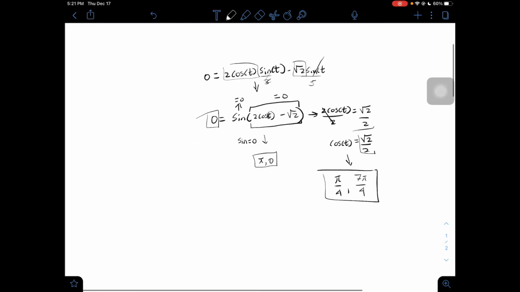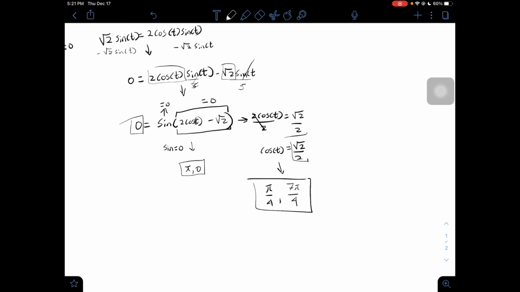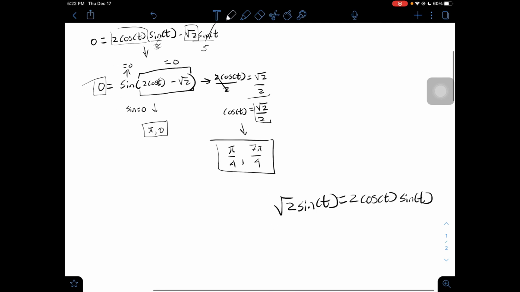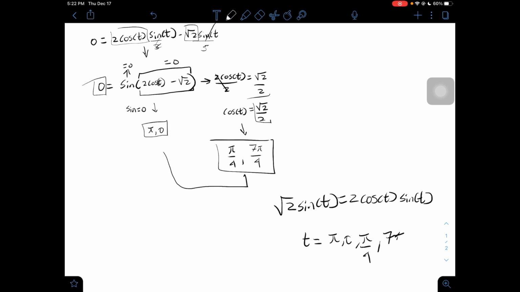So the answers for the equation, the square root of 2 sine of t equals 2 cosine of t sine of t, are these four answers, meaning that t equals pi, 0, pi over 4, and 7 pi over 4.